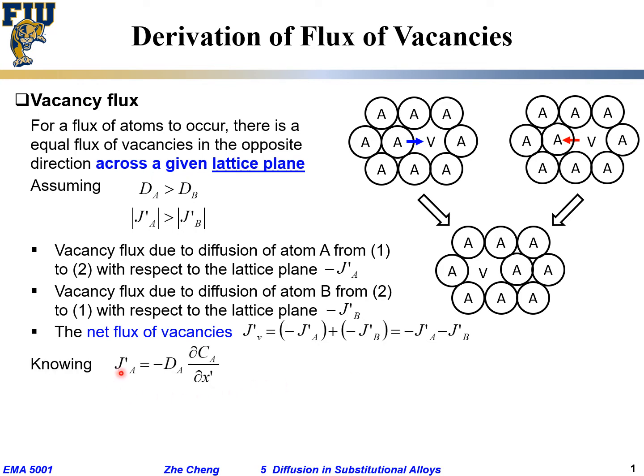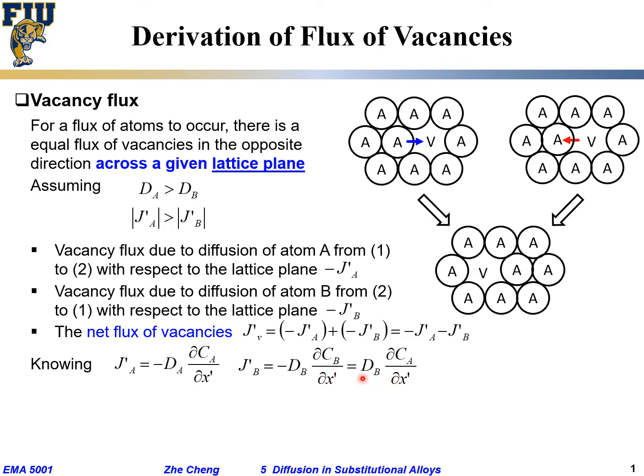So if we know JA prime, previously from Fick's first law is dA partial differential of concentration with respect to the moving coordinate location. Similarly, JB prime. What is JB prime? dB times concentration gradient, of course, with B. And from previously, remember, partial differential of CA with respect to X and partial differential of CB with respect to X, they are opposite sign.